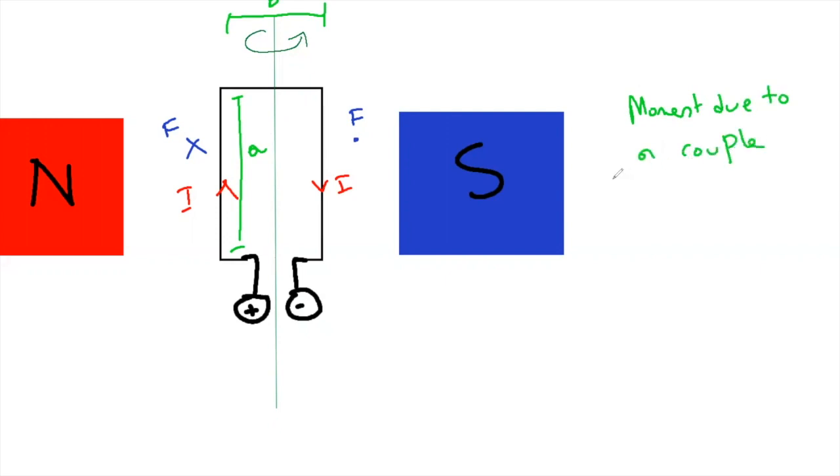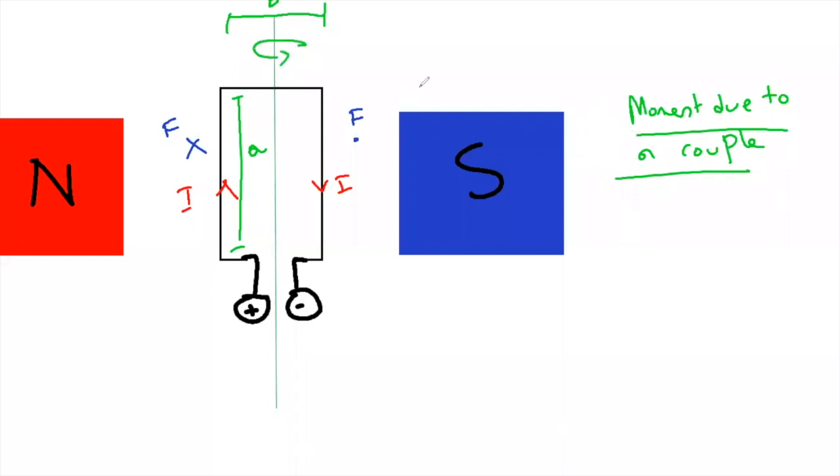Doesn't it look like the moment due to a couple? Because force is going inwards here and it's going outwards here. So it is rotating like this, right? So that's called the moment of a couple, right? We did that in AS. So let me fix this direction so it's going like this actually.